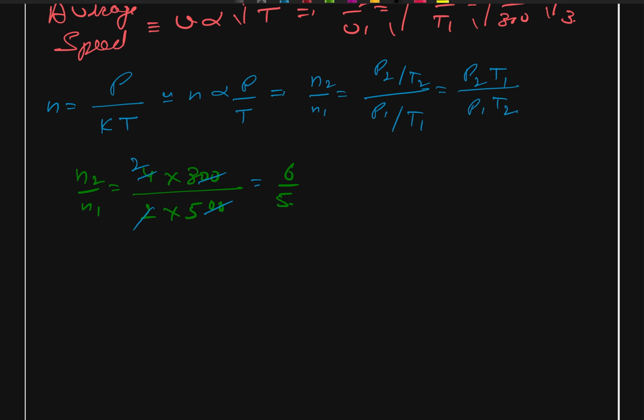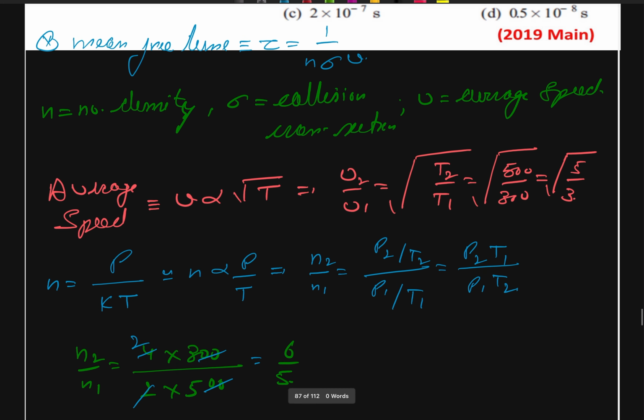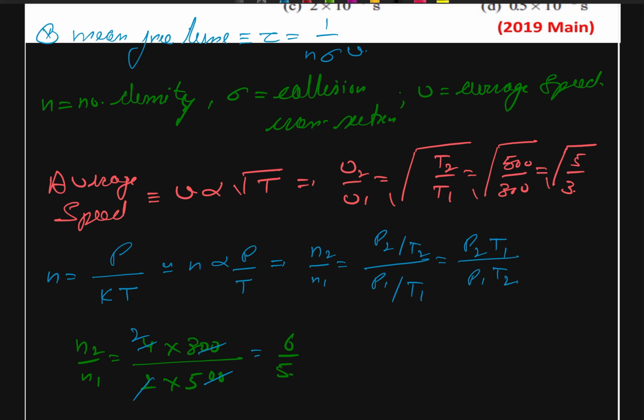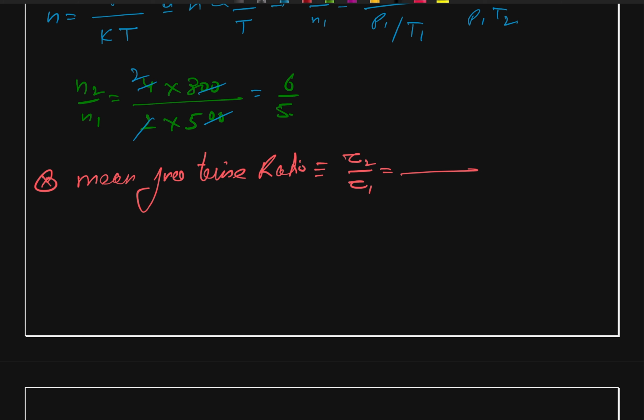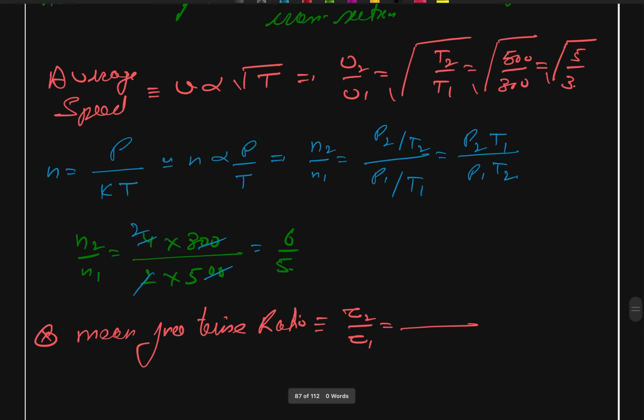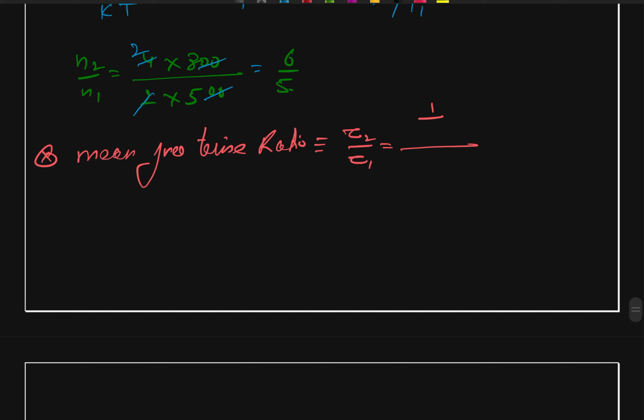Now we can easily find out this mean free time ratio. Tau 2 upon tau 1 is equal to 1 upon N2 V2 divided by 1 upon N1 V1.